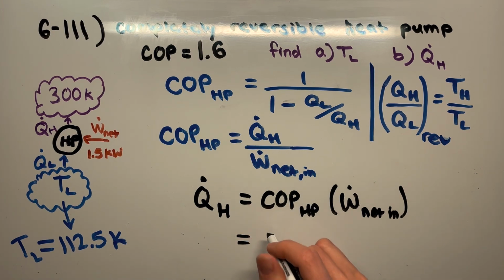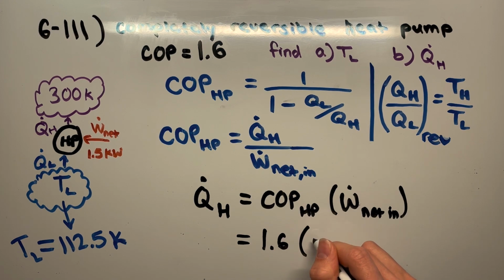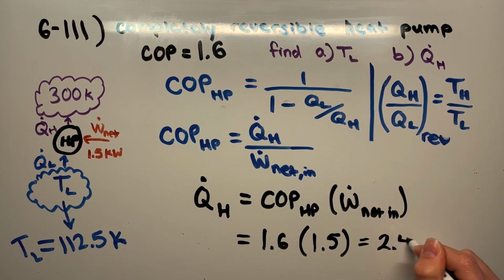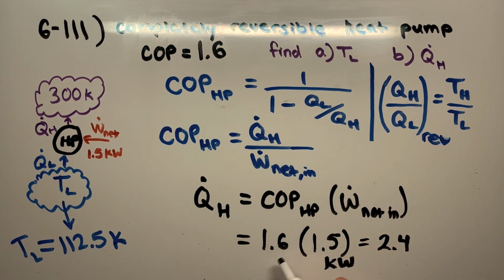Plugging in the values, that's 1.6 times 1.5, which leaves us with 2.4. I forgot to add units. This 1.5 is in units of kilowatts. The coefficient of performance is unitless. So that is 2.4 kilowatts, equal to Q dot H, the rate of heat transfer to the sink.